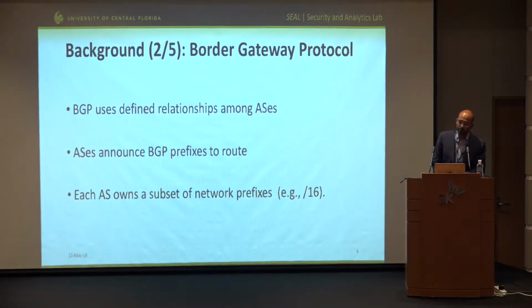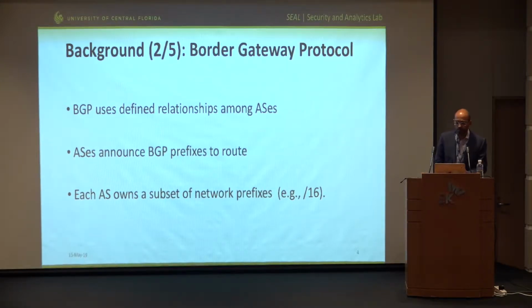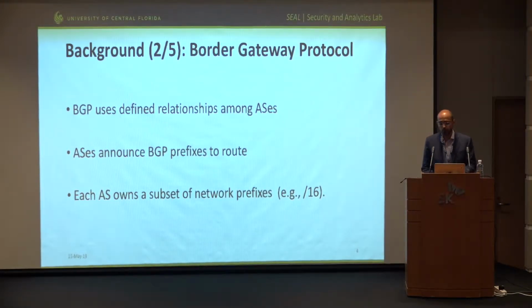It uses defined relationships among ASs, so based on peering relationships. For reachability purposes, BGP speakers or routers would announce prefixes that are reachable from within that BGP speaker. And each AS owns a subset of network prefixes that it controls, for example /20, /24, /16, and so forth, that it can announce on behalf of itself and propagate to others.